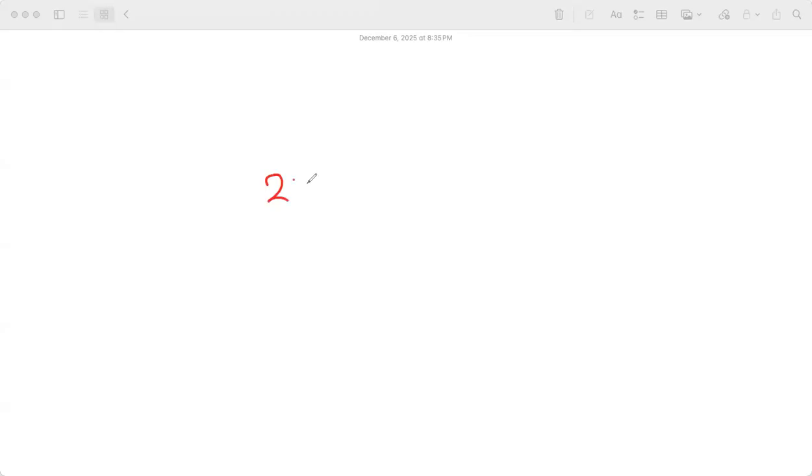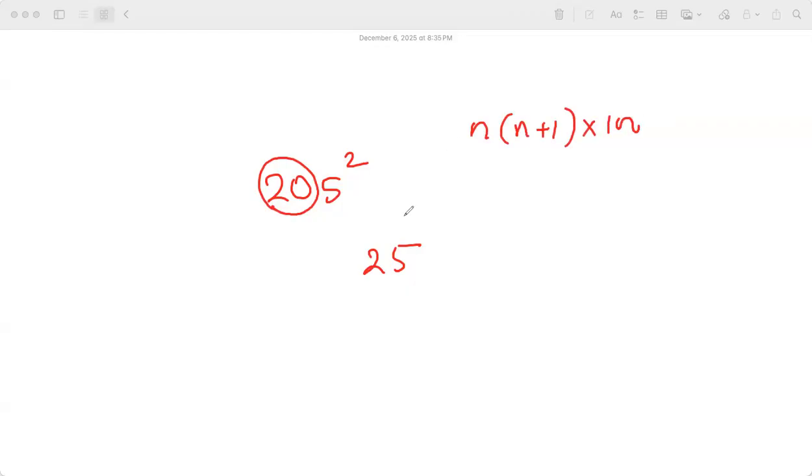Similarly, let's put 205 square. Basically, you're putting 25 on the rightmost, because those 25 ones are getting added. But considering n is equal to 20, you're doing n times n plus 1, that many hundreds you're placing here.